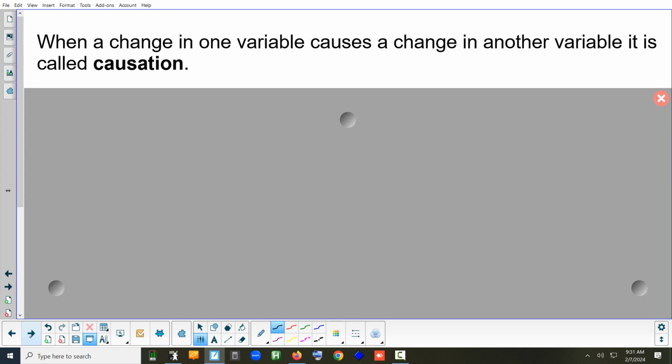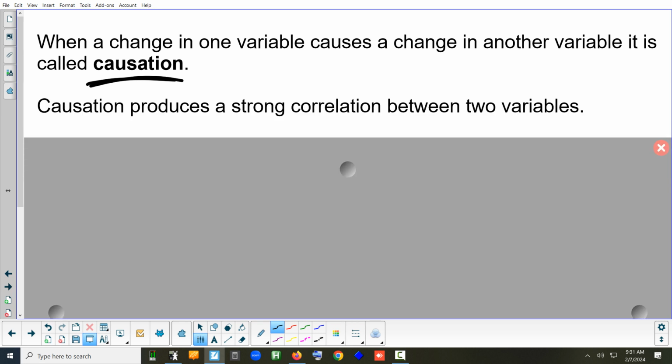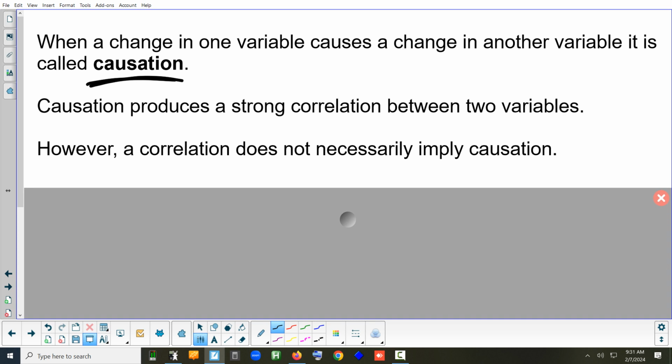That's different than the number of students and teachers in a school. If you get more students, you don't automatically get a new teacher. There might be a connection between the two, but it's not automatic. Causation means it's automatic. So causation means that there is a strong correlation between the two variables, and you guys already have that written on your guided notes.